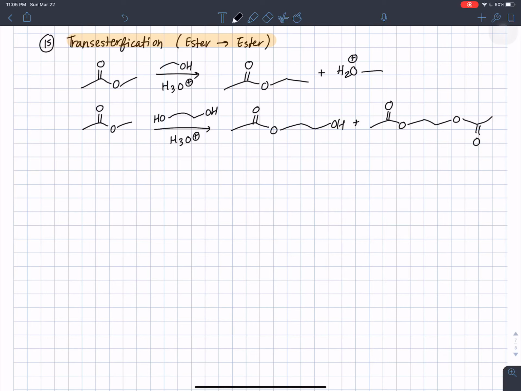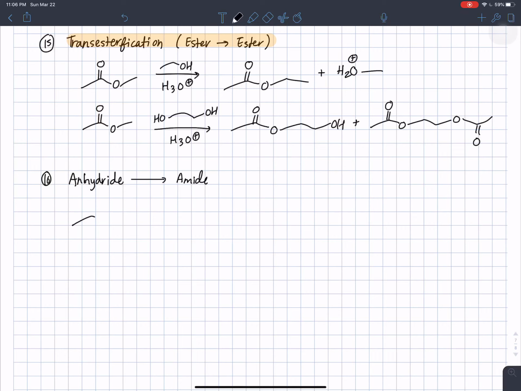So number 16, we have anhydride. Also the flowchart diagram I've made will really help you guys. I used the flowchart diagram to help me throughout this entire chapter when I did it.